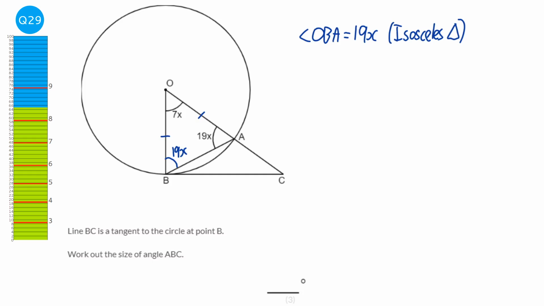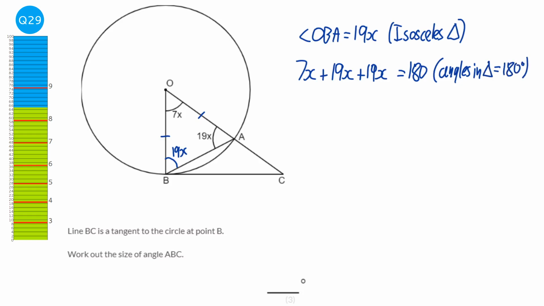Well, we also can work out x because, as I said before, we have a triangle here. And all angles in a triangle add up to 180. So we've got 7x plus 19x plus 19x equals 180 degrees. And this is angles in a triangle, equal 180 degrees.